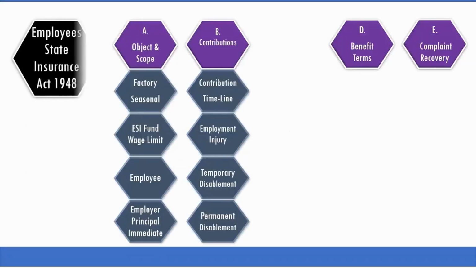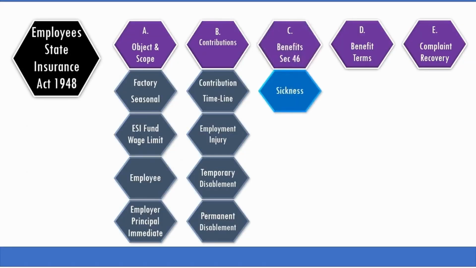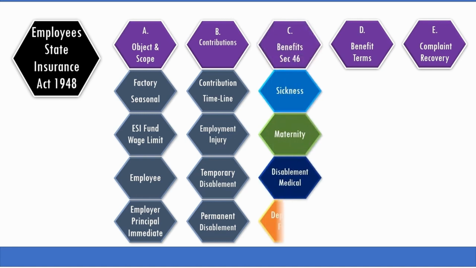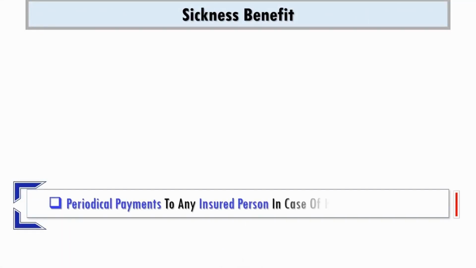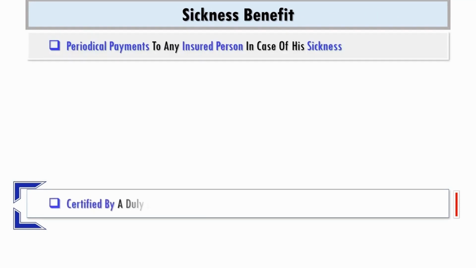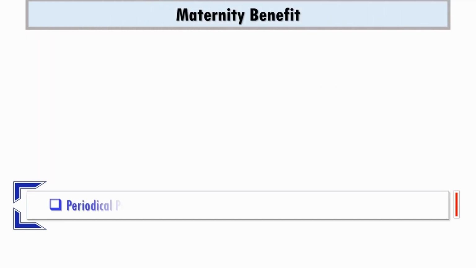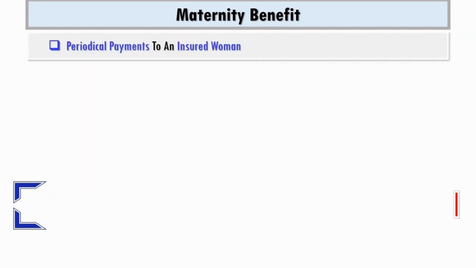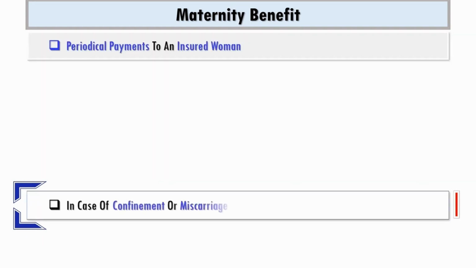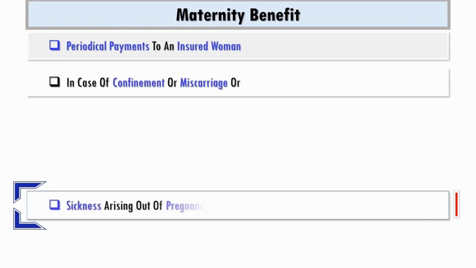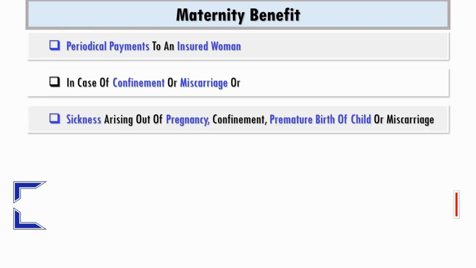Various types of benefits covered under Section 46, like sickness, maternity, disablement, dependents benefit, etc. Sickness benefit from ESI as a periodical payment is made available to the insured person based on a certificate from a duly appointed medical practitioner. Maternity benefit is in the form of periodical payments to an insured woman based on certification to that effect in respect of confinement or miscarriage, or sickness arising out of pregnancy, confinement, premature birth of child, or miscarriage.